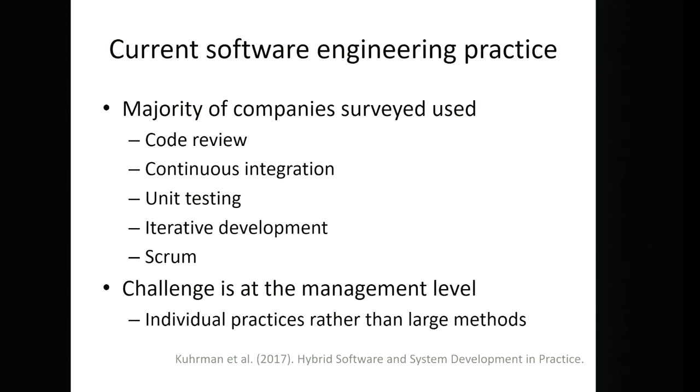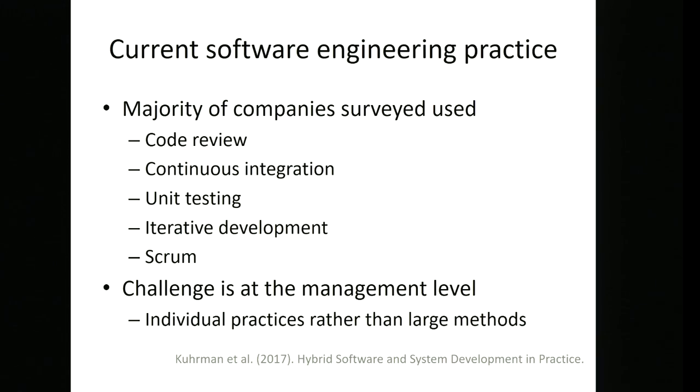We can see that companies are employing agile methods on a greater basis over time. So we know that more people are likely to employ agile methods now than they were, say, 10 or 15 years ago, and this is growing over time. The kinds of practices that people use might be things like code review, continuous integration, unit testing, and iterative development in Scrum.